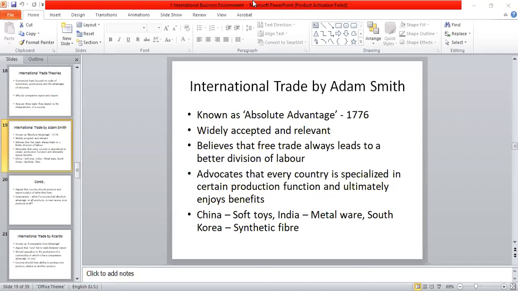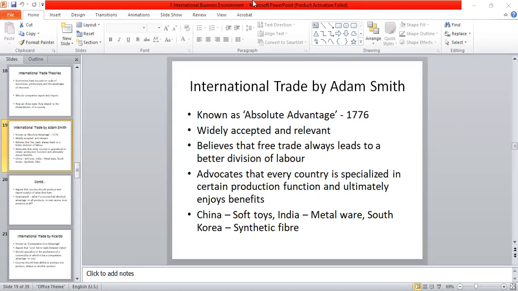Then it believes that free trade always leads to a better division of labor. Even in India, we also believe that free trade always leads to a better division of labor.